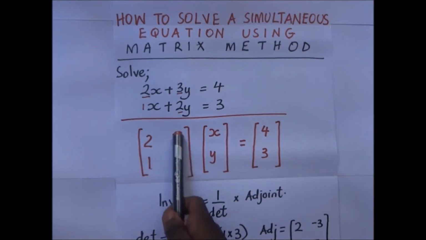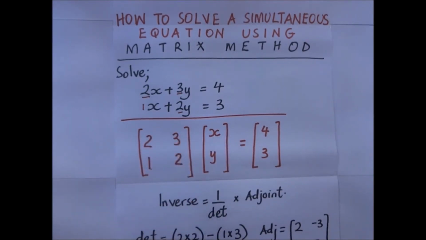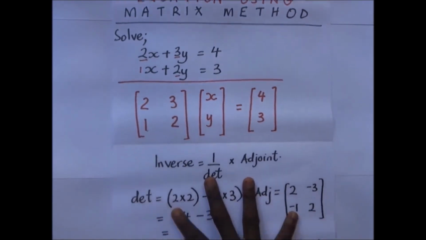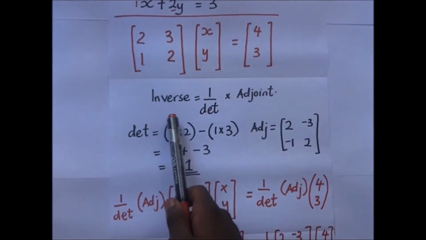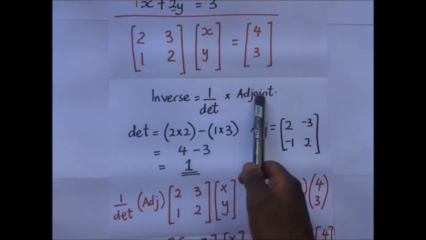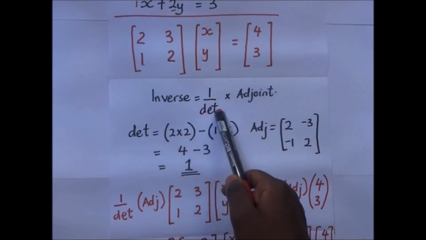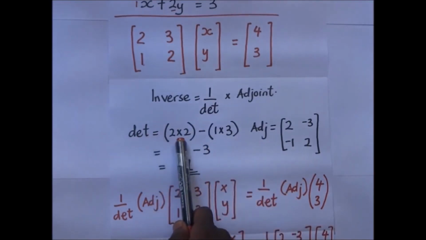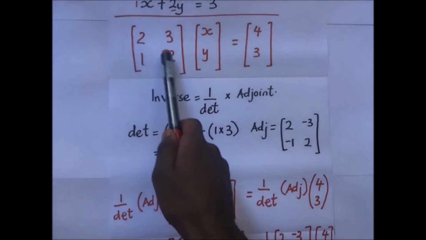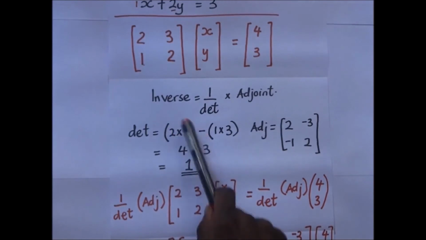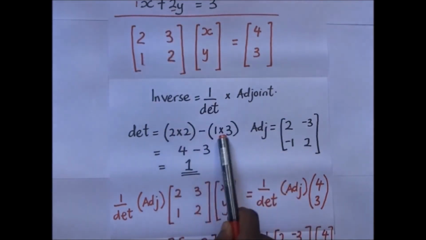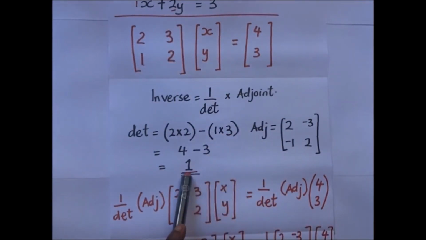So we begin by finding the inverse of this matrix. In our previous videos, we explored in detail how to find the inverse of a matrix. So we all know that the inverse of a matrix is equal to 1 over the determinant times the adjoint. We first get the determinant of this matrix by taking the major diagonal, which is 2 times 2, minus the minor diagonal, which is 3 times 1, to get our determinant as 1.